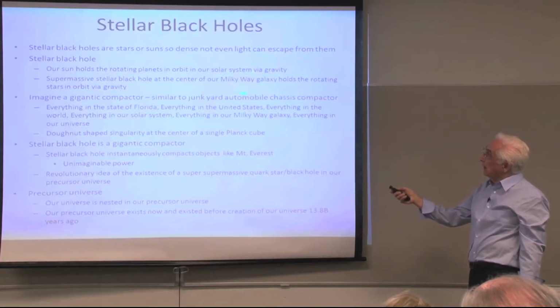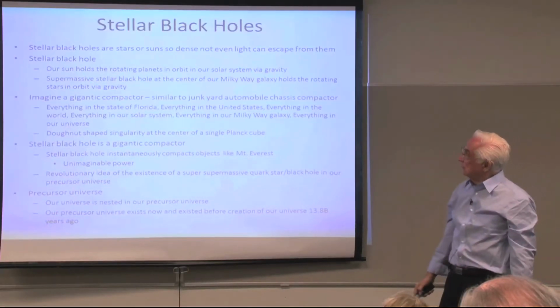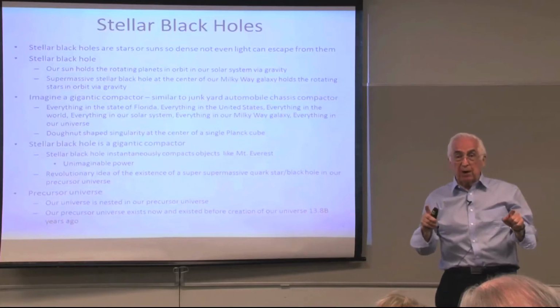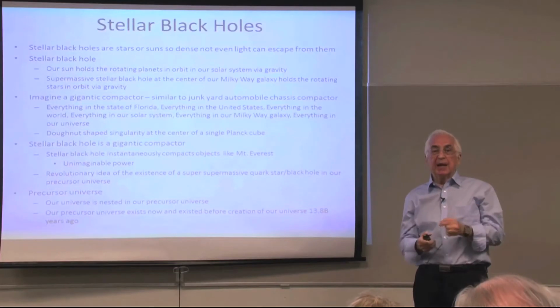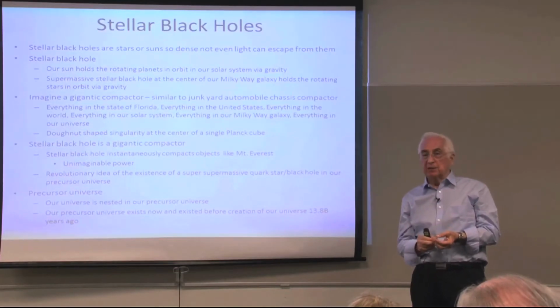The supermassive black hole at the center of our Milky Way galaxy is called Sagittarius A, and it has a mass of 4 million suns.